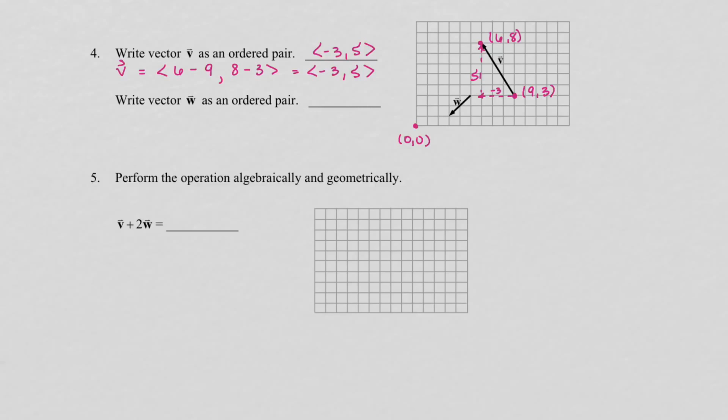All right, so if we want to do the same thing with vector w, I want to write it as an ordered pair. Again, I'm assuming that that bottom left point is 0, 0, which makes the initial point on w 5, 3. And my terminal point on w 3, 1.